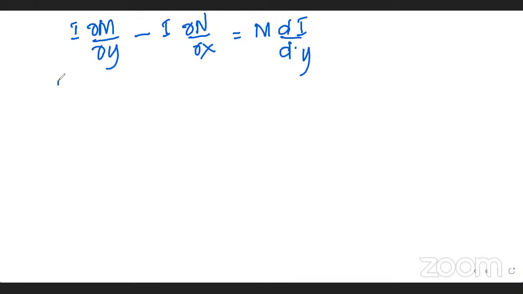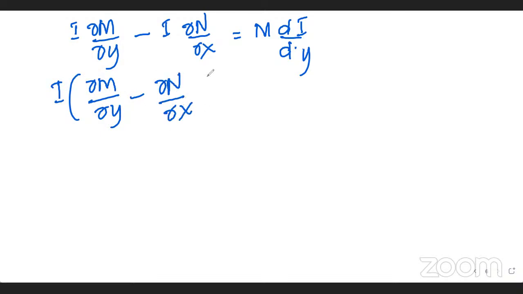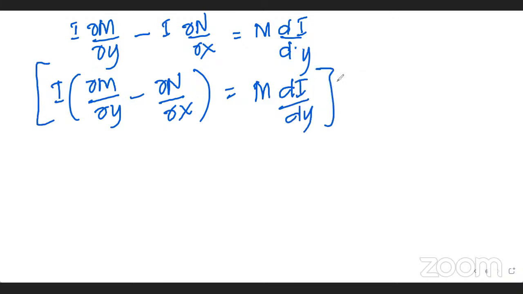Factoring out I here, so I times the partial of m with respect to y minus partial of n with respect to x is equal to m dI over dy. Now, separate the variables pagdating dito. So, tanggalin mo si dy sa right side. Then divide the entire equation by I and m.